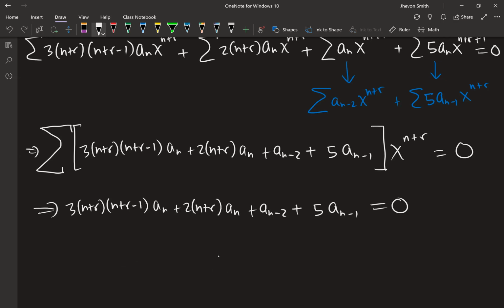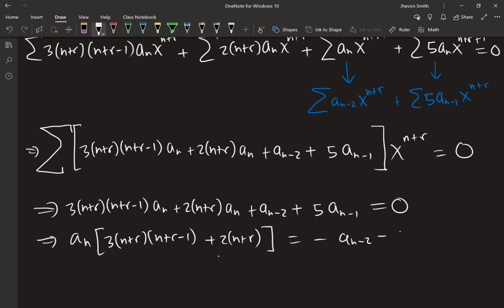So here we would have a_n times 3 times n plus r times n plus r minus 1, plus 2 times n plus r, equals minus a_(n minus 2) minus 5a_(n minus 1).